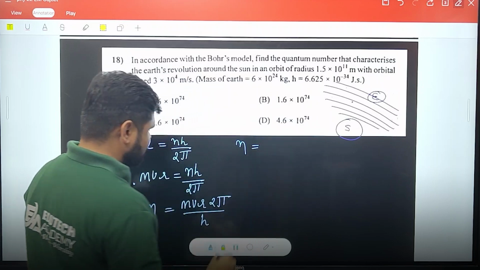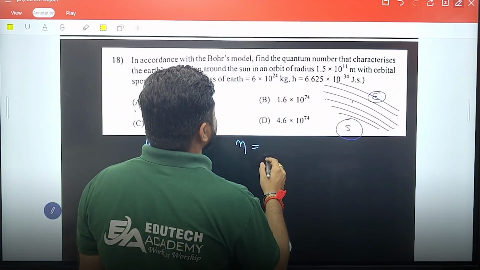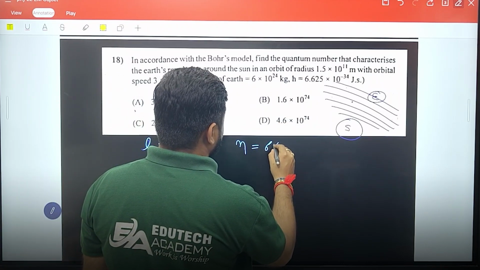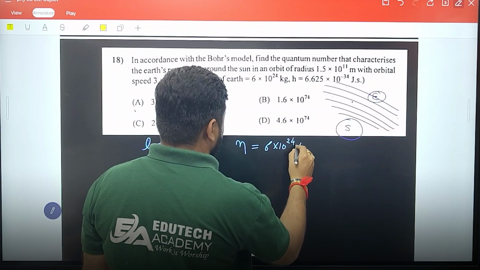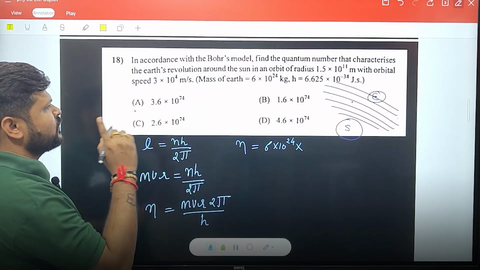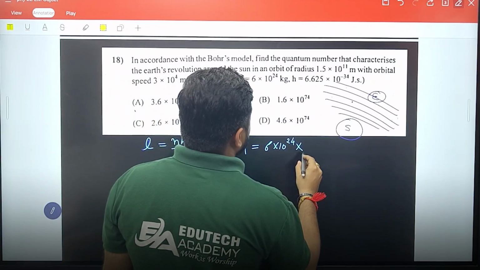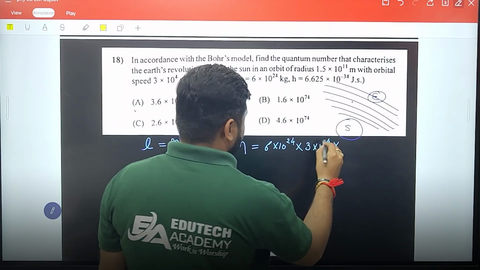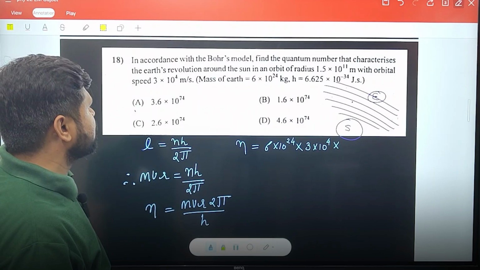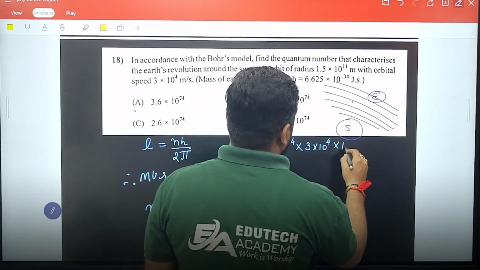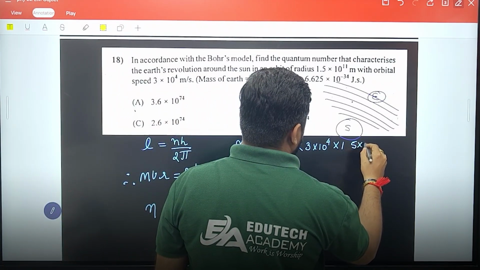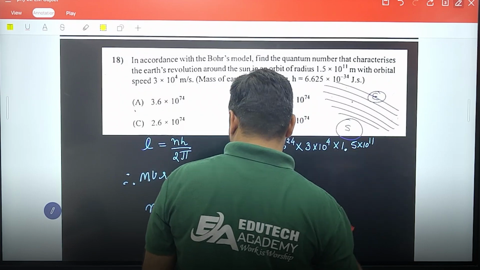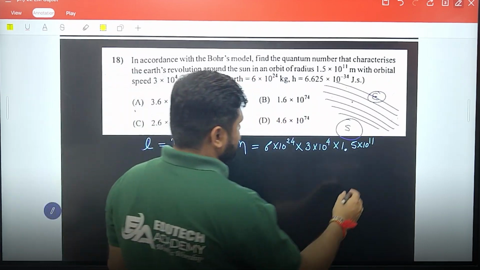Place all the values. m, the mass of Earth, is given as 6 into 10 raised to 24. v, the velocity of Earth around the Sun, is given as 3 into 10 raised to 4. The orbital radius of Earth around the Sun is given as 1.5 into 10 raised to 11, into 2 pi.